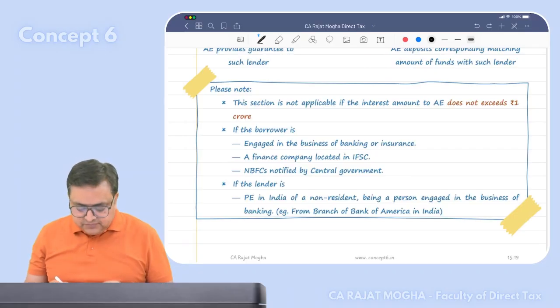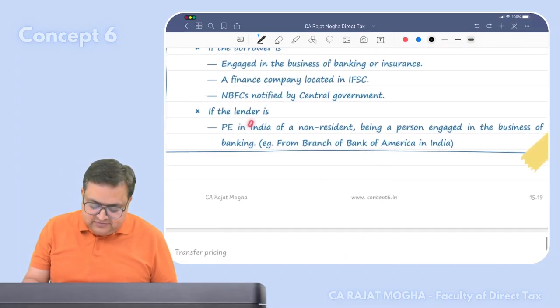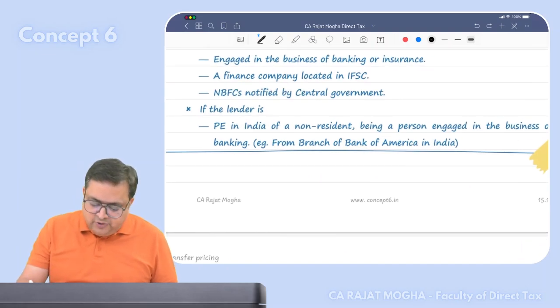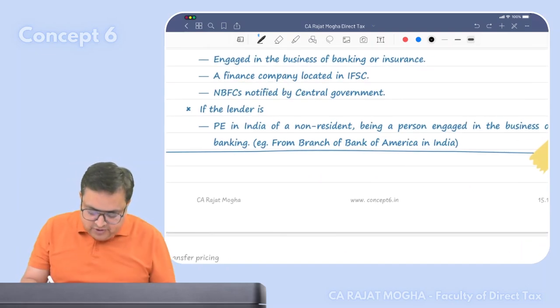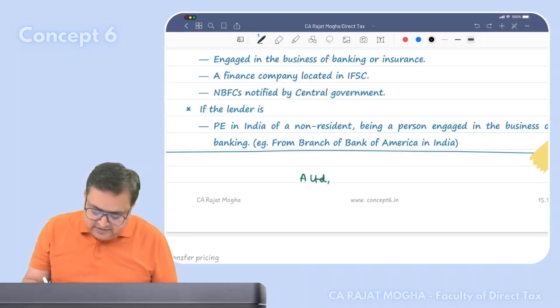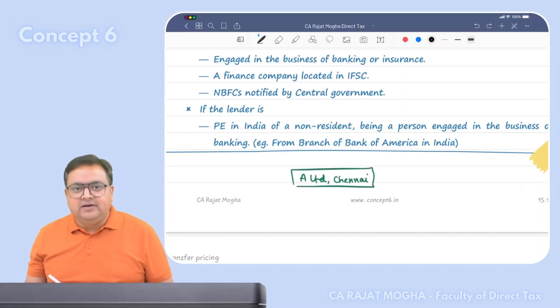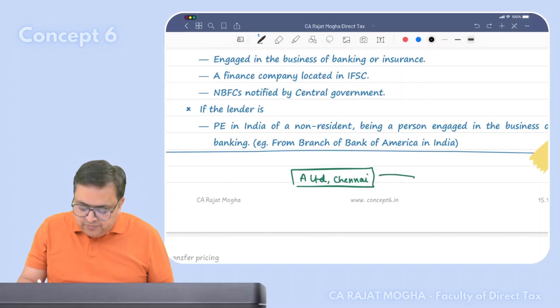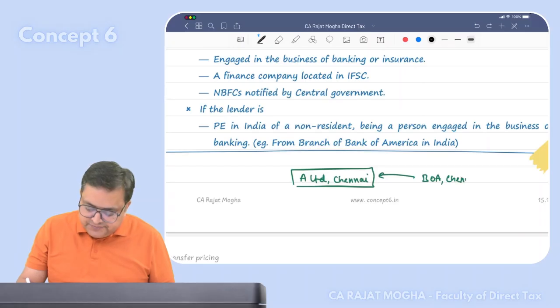Understood? The last one. If the lender is... I'll explain this. For example, you are located in India. For example, you have a company A Limited that is in Chennai, right? And let's say you have taken a loan. From whom have you taken the loan? Let's say from Bank of America, Chennai branch.